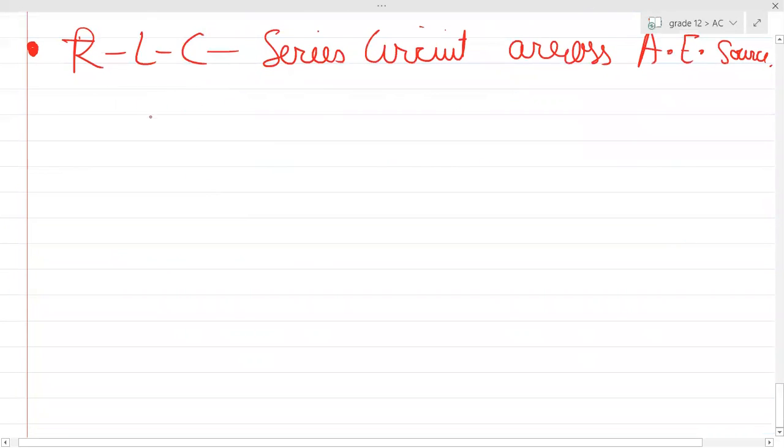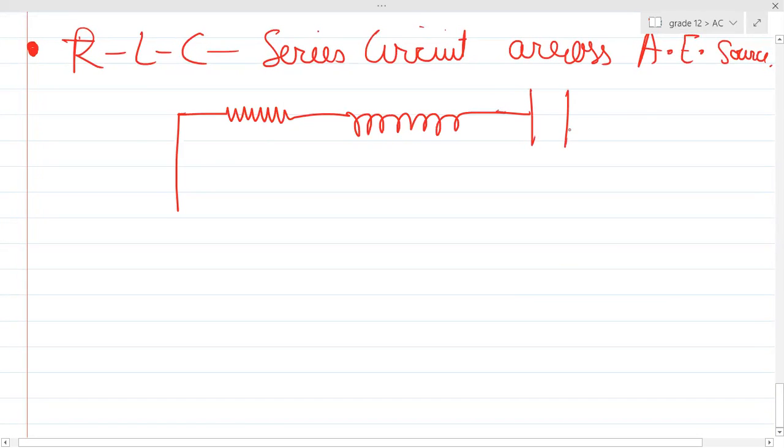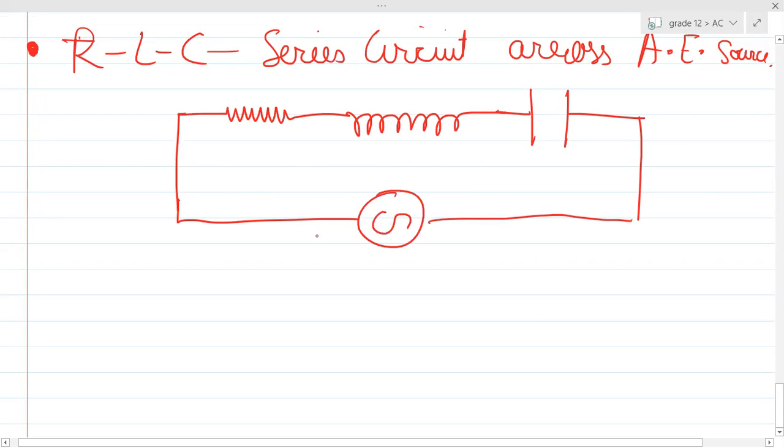Basically, what exactly am I doing in this case? I am having a resistor, an inductor, and a capacitor in series with each other across an EMF source.